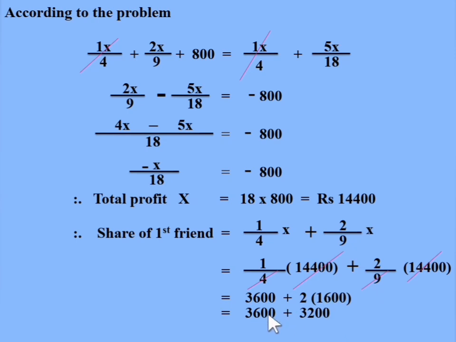So 3,600 plus multiplying 1,600 by 2, we get 3,200. Adding them, we get 6,800. So it is the share of the first friend from the total profit. 6,800 is the total share of the first friend.